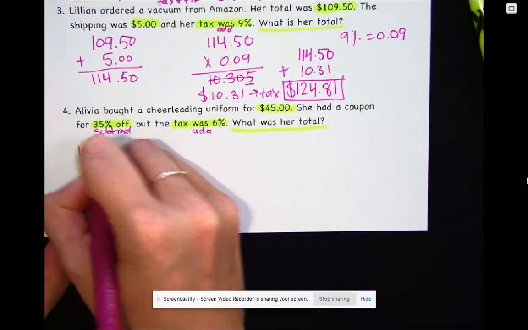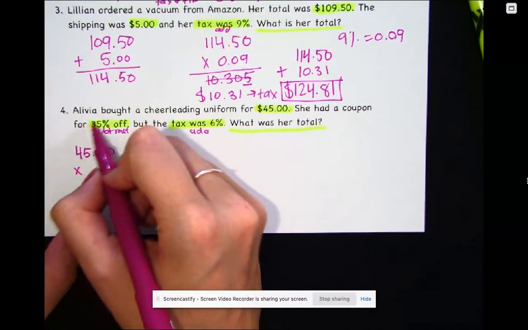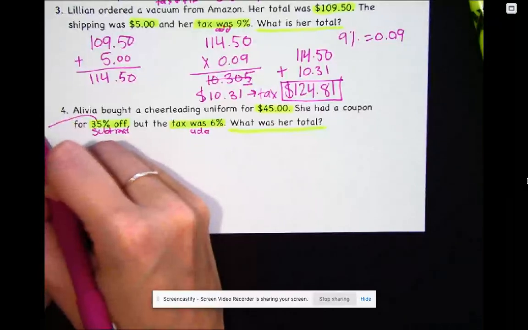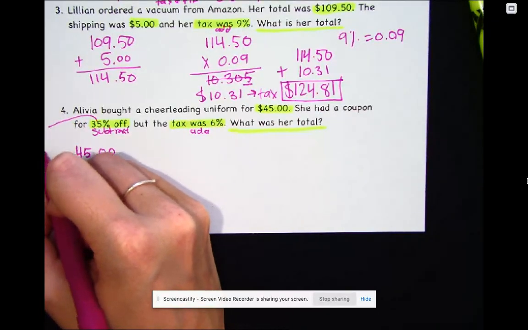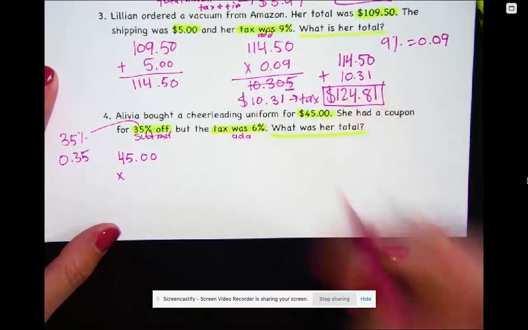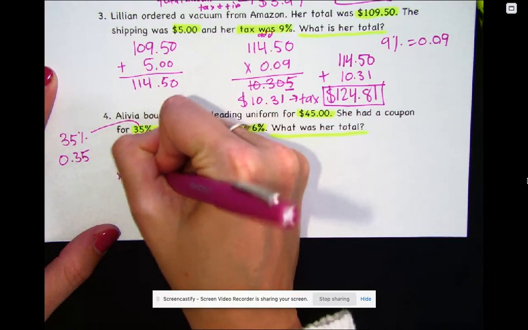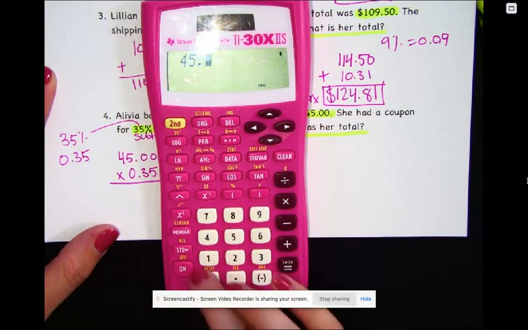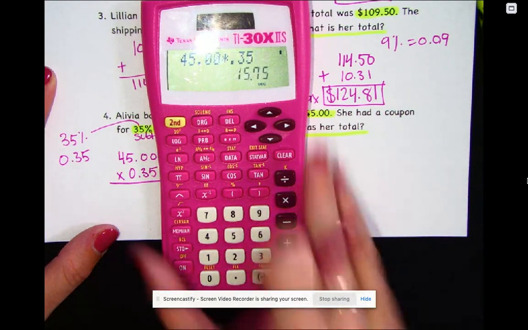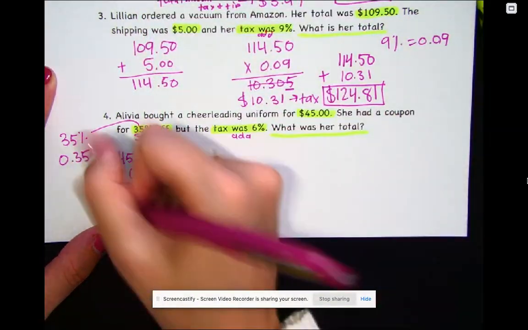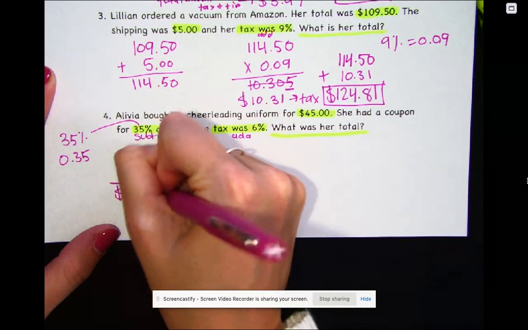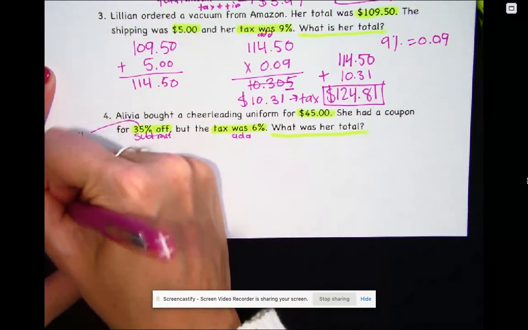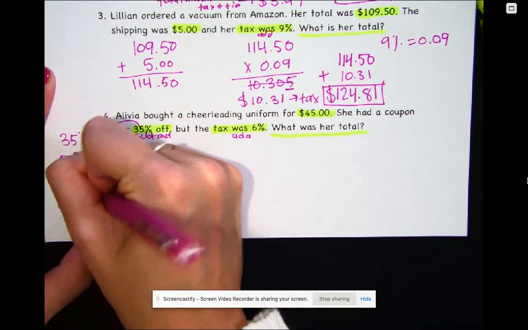So I have $45 times 35% as a decimal, which is 0.35. Get my calculator, and I had $45 times 0.35, and I got $15.75. Now, that is my discount. Very good if you were thinking that.